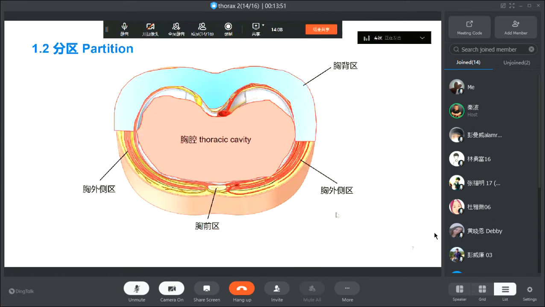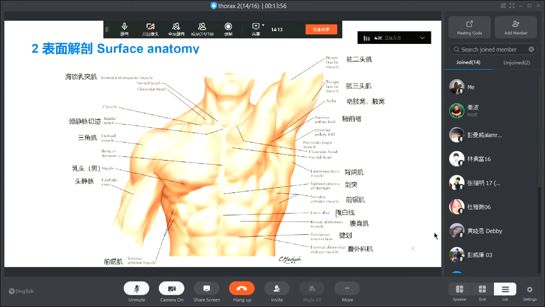Our thorax can be divided into these three parts: the thoracic wall and the thoracic cavity. And you must know the surface anatomy of our thorax. You should remember what you can feel and see, the important surface anatomy, and you must remember its name.